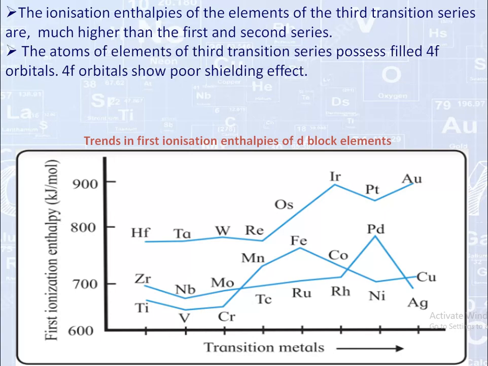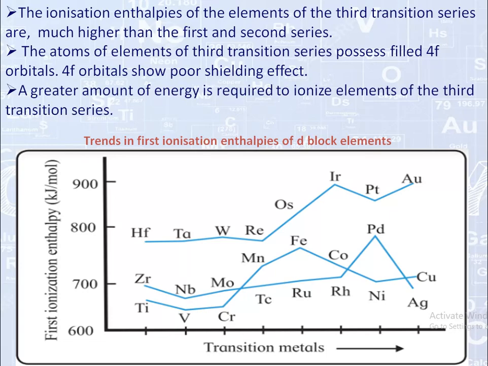So, the atoms of the elements of the third transition series possess filled 4f orbitals. The 4f orbital shows a poor shielding effect, and it is very difficult to remove an electron from the 5d series. A greater amount of energy is required to ionize elements of the third transition series.